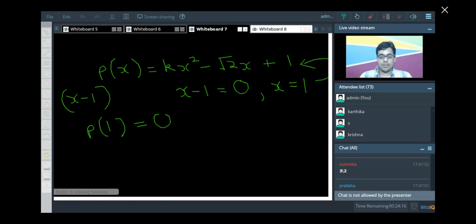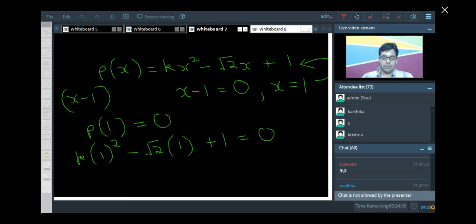Now it is coming as k multiplied by 1 square and then minus root 2 multiplied by 1 and then plus 1 equals 0. Now we can find here the value of k. It would become k minus root 2 plus 1 equals 0. The value of k is coming as k equals root 2 minus 1.